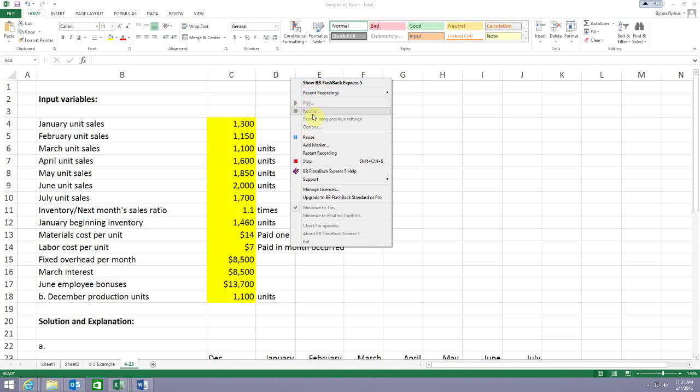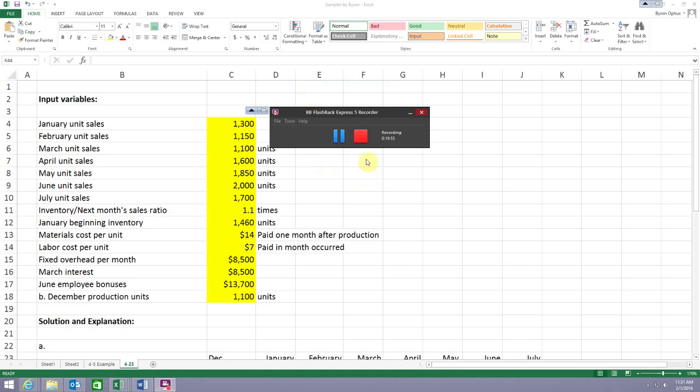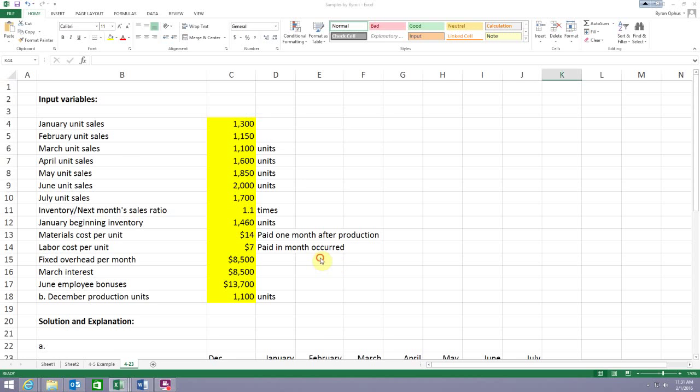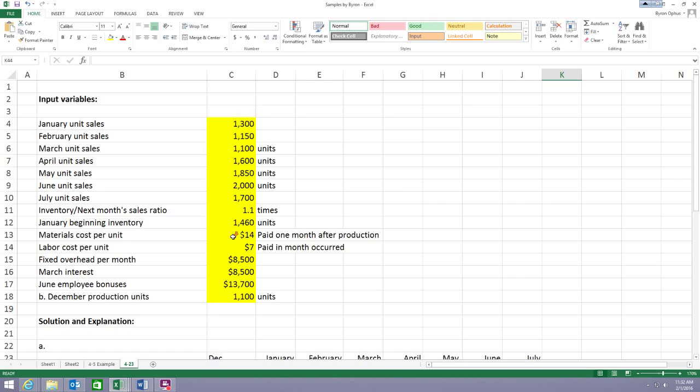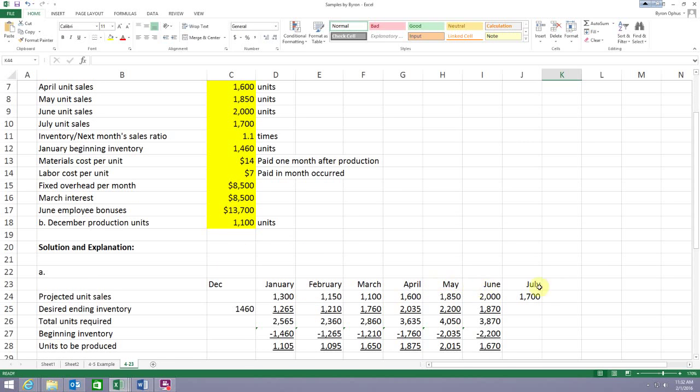Oops. Oh, sorry. I thought I'd hit the pause, but apparently you guys got a lot of blank from me. Anyhow, the December production unit was given to me, so sorry I had to look that up. Okay. So then I came down and I entered in my projected unit sales, which are just given to me up here. January, February, March, April, May, June, July.